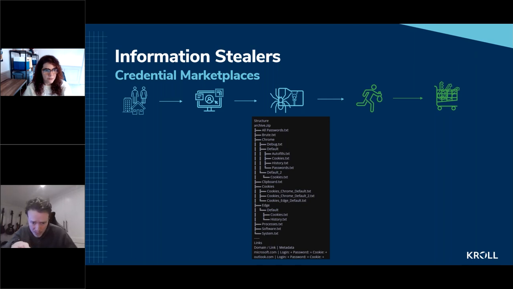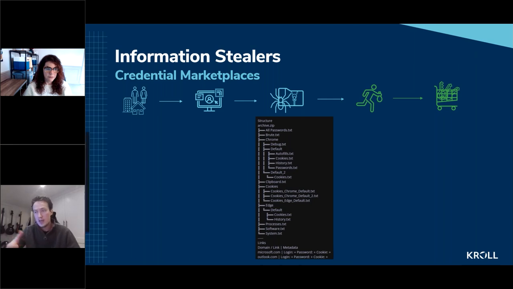At the bottom of that screenshot there, you can see that there's a working login, a working password, and a cookie for Microsoft.com and Outlook.com. And more often than not, this is going to be used as a way to attack an enterprise environment. Maybe it's for business email compromise. Maybe it's a valid remote desktop.